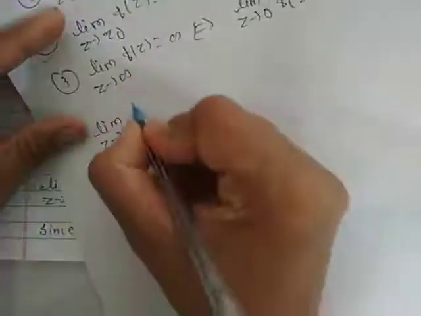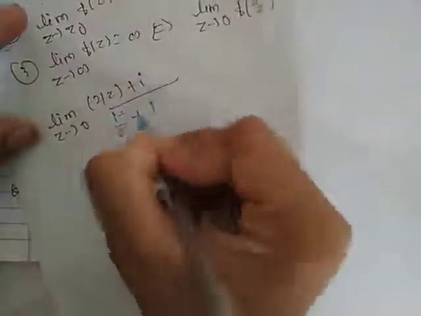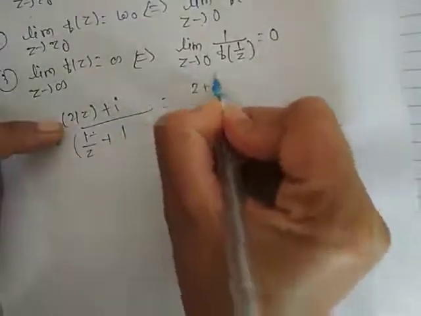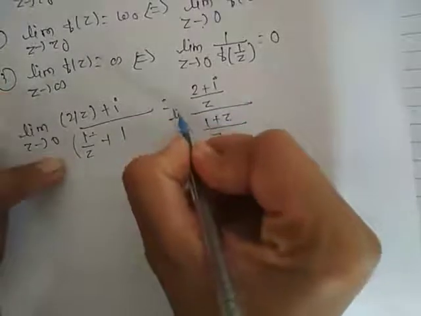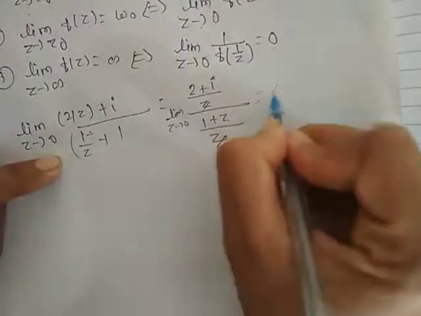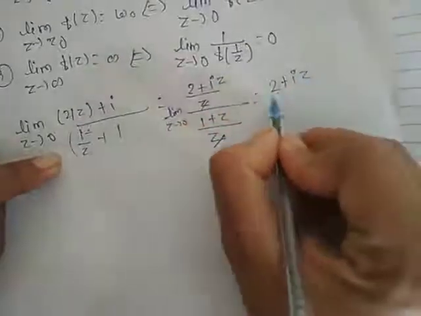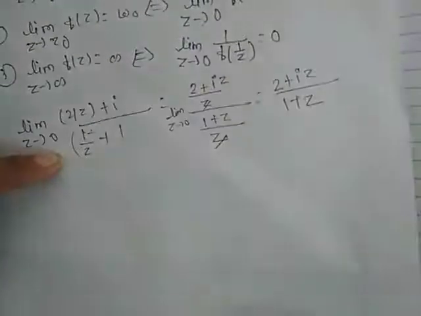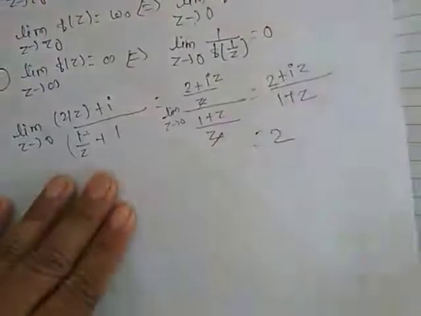If you simplify this, you will get (2 plus iz upon z) upon (1 plus z upon z), as limit z tends to 0. Here z cancels, so (2 plus iz) upon (1 plus z) remains 2. As z tends to 0, you will get this limit is 2.